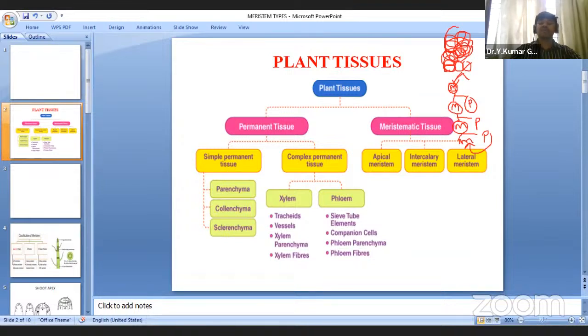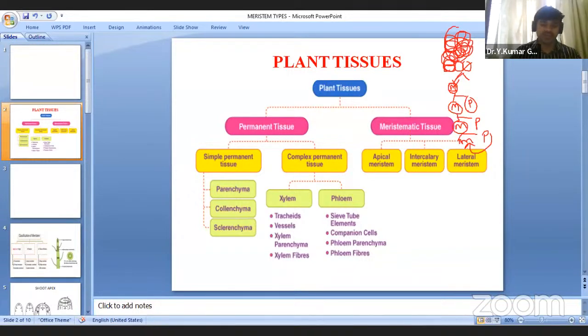I think the comparison is somewhat clear. Meristematic tissue always divides and redivides. Permanent tissue does not divide temporarily, but of course whenever necessary, the permanent tissue can also divide.